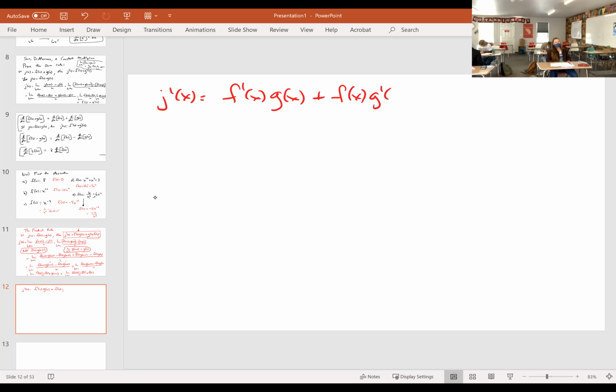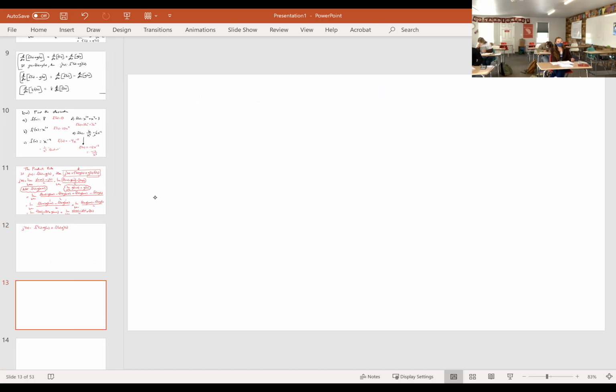Others prefer derivative of the first times the second, plus derivative of the second times the first. Okay, perfect, keep it like that. That was first times derivative of the second.